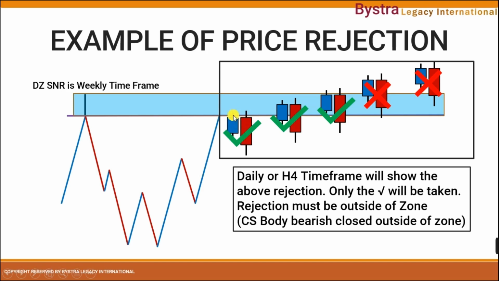It doesn't matter whether both or either one of these, as long as one of them touched and then closed as a wick or a shadow and then continues to show a rejection. This is very good, this is very good, and this is very good. Okay guys, so have you got it right? I hope so, because this is very important for us to identify the correct confirmation of rejection before we even look for a setup.